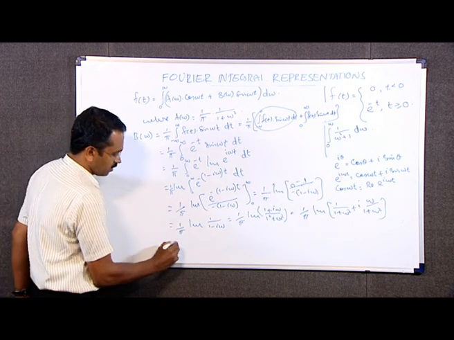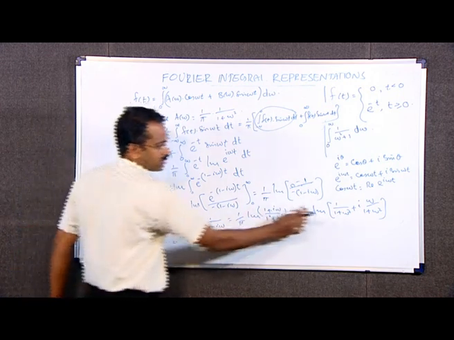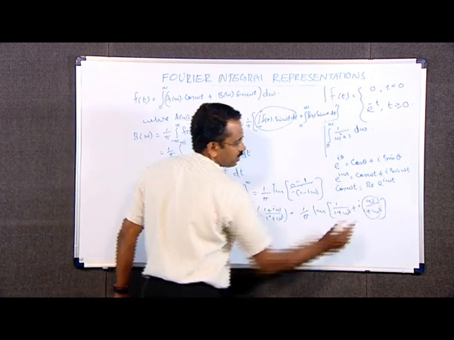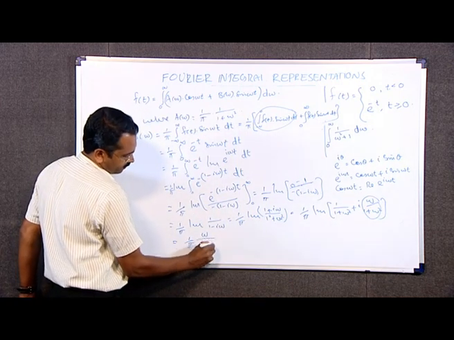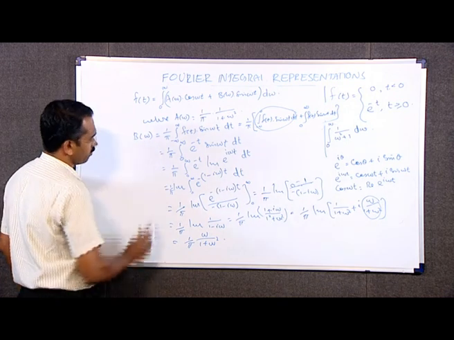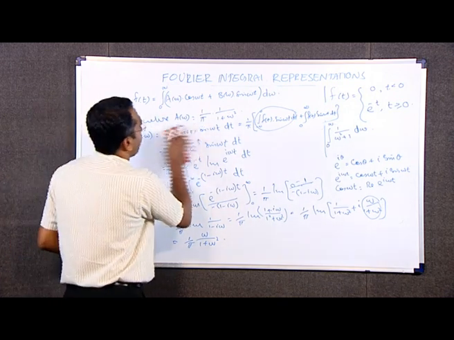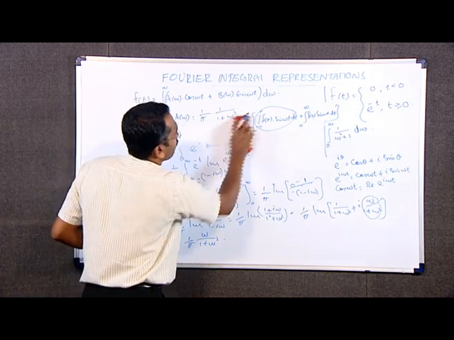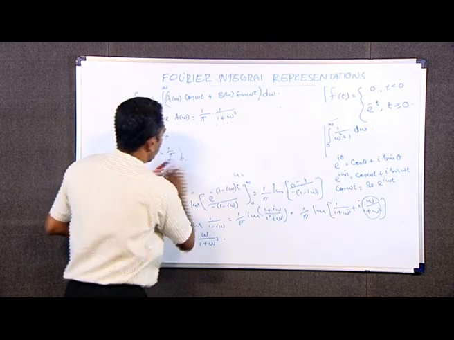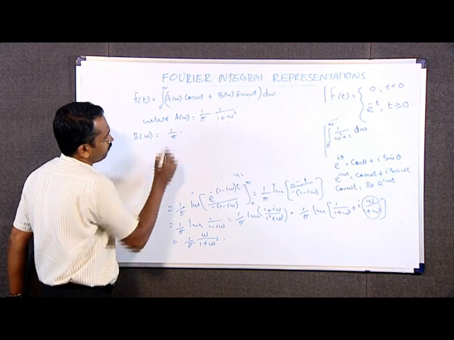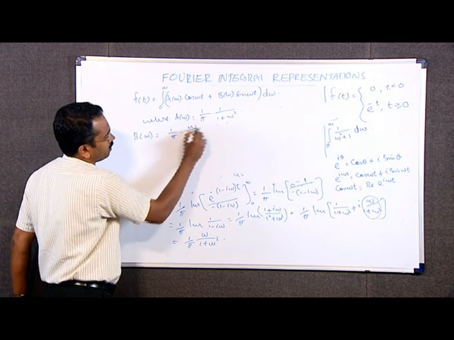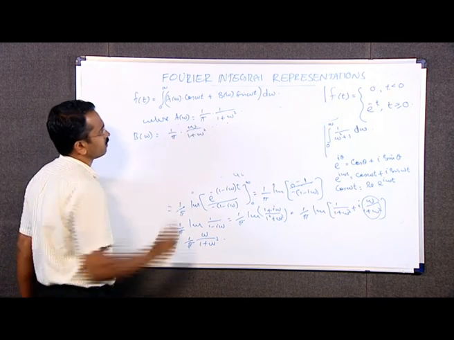In this the imaginary part is omega by 1 plus omega square. This is the value of b omega. That is, b omega is 1 by pi into omega divided by 1 plus omega square.